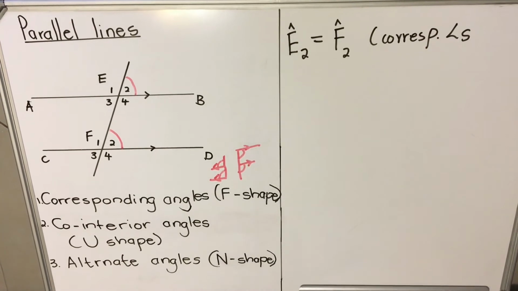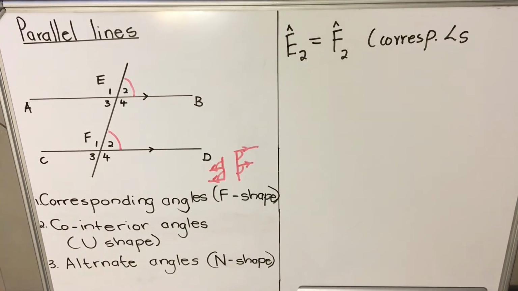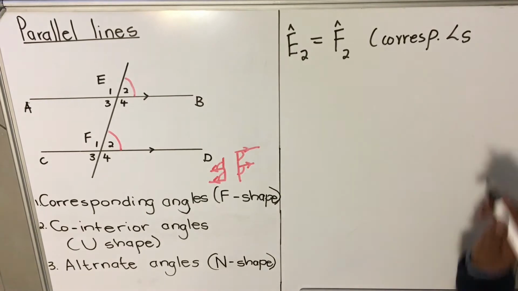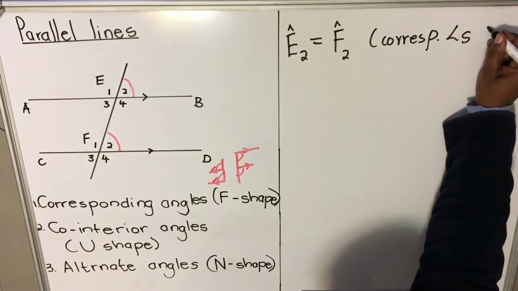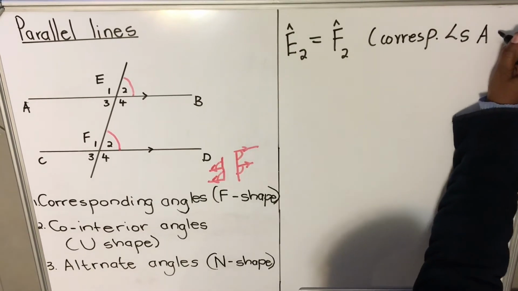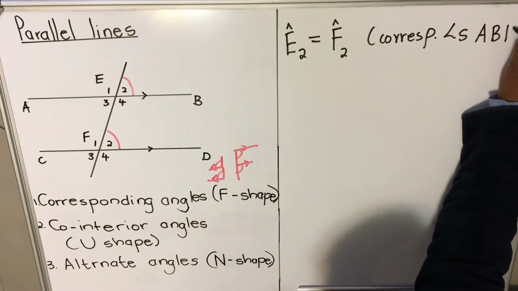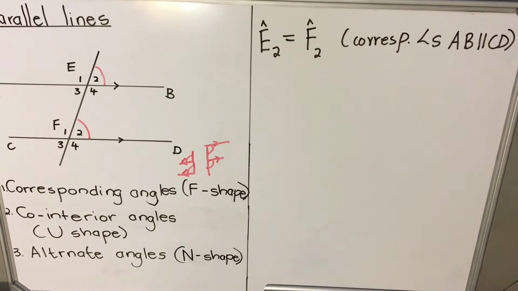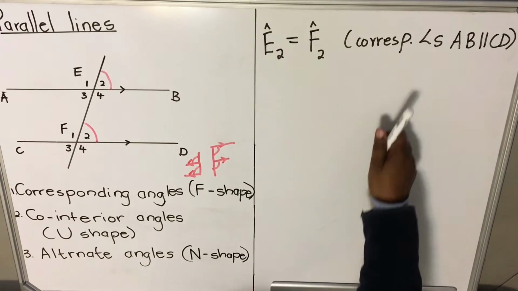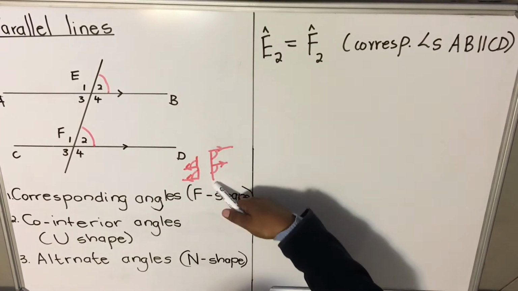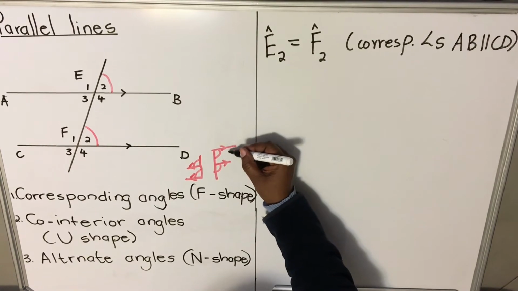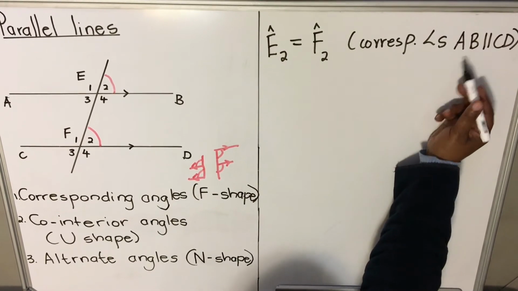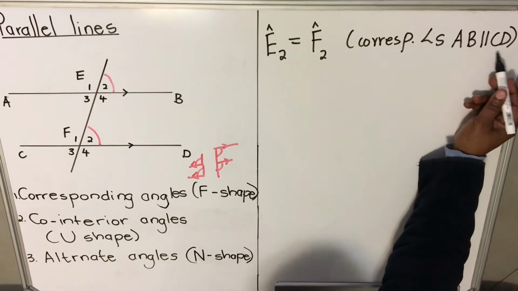With parallel lines, you always have to say which lines are parallel. So why are we saying we have corresponding angles? Because line AB is parallel to line CD. You are actually telling the person who's marking your script how you found the F: I looked at the line AB and the line CD.